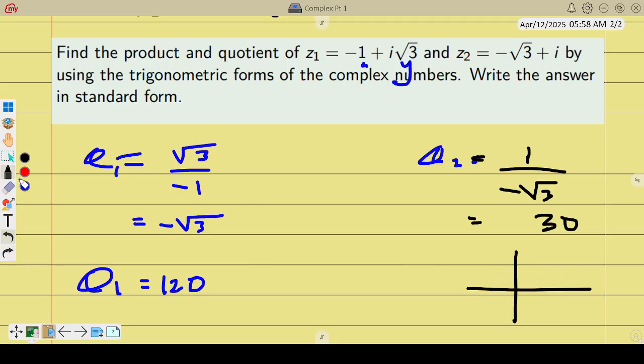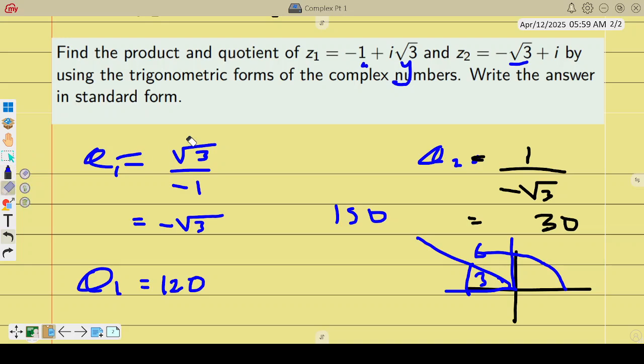X is negative again. X is negative, y is positive. So meaning our 30 is here. So this means that when we read the angle from the positive x-axis, we're going to get a 150. So the second theta is 150.